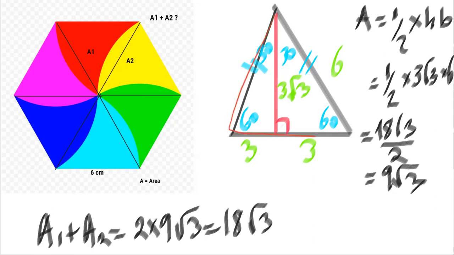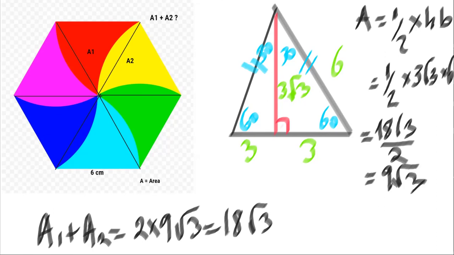Now, the area of one such triangle is height times base divided by 2. The height is 3 root 3, the base is just 6. If we divide by 2, we get 9 root 3. This is the area of just one triangle.